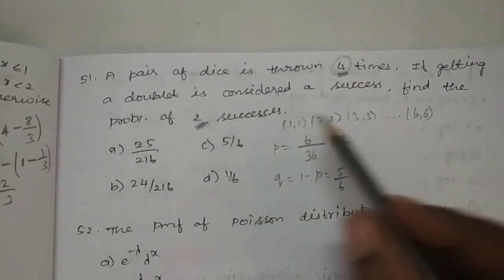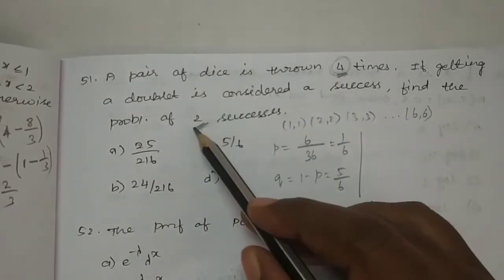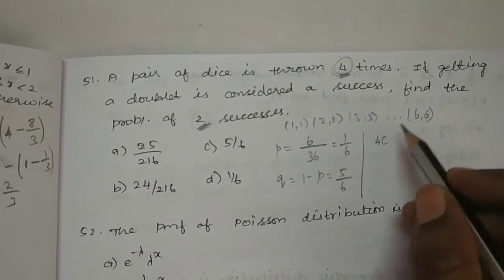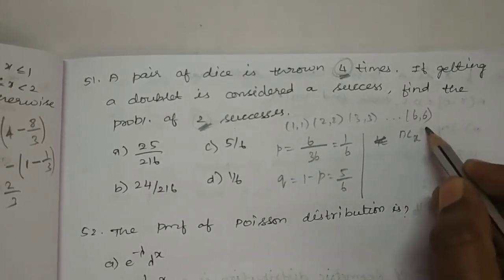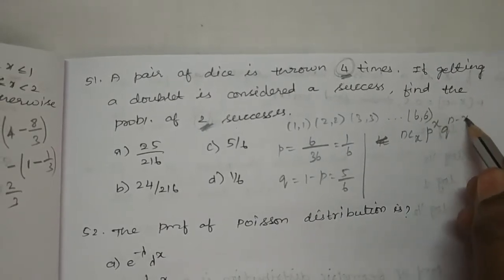Out of 4 trials, we have to check whether we get success in 2 trials. For the binomial distribution, the PMF is nCx, P power x, Q power n minus x.